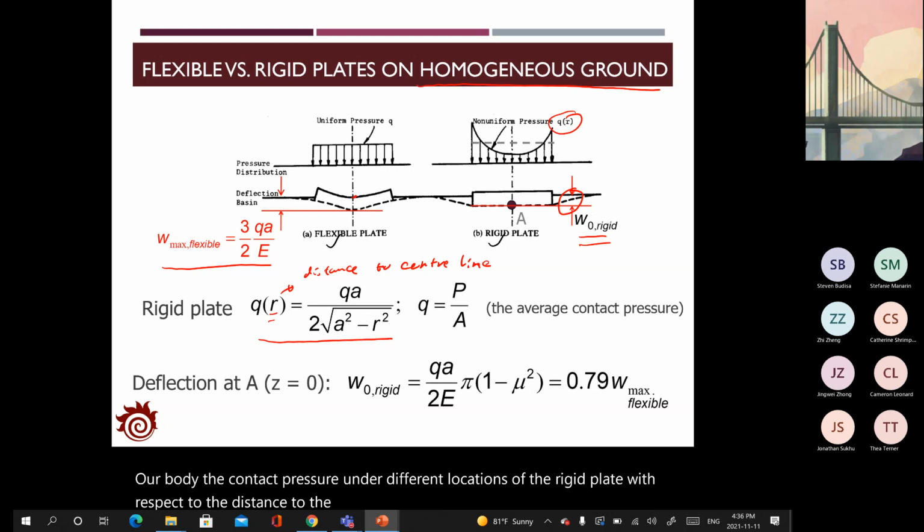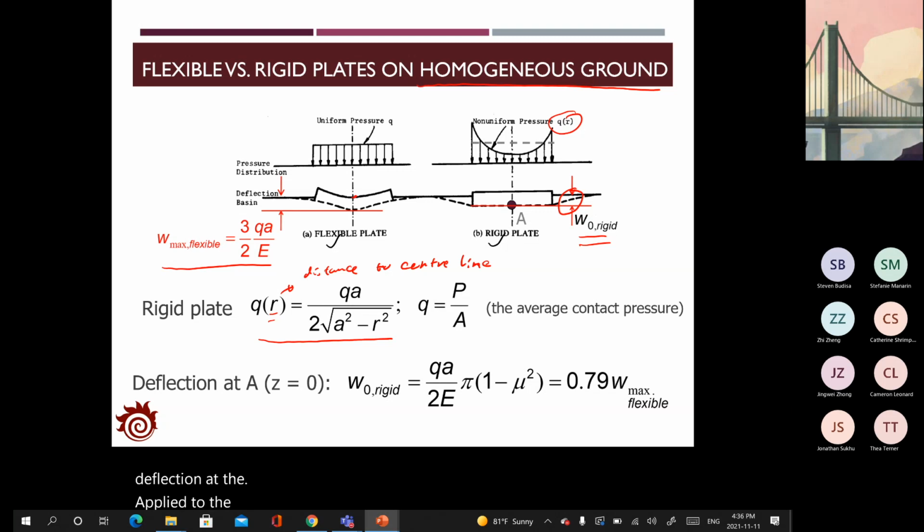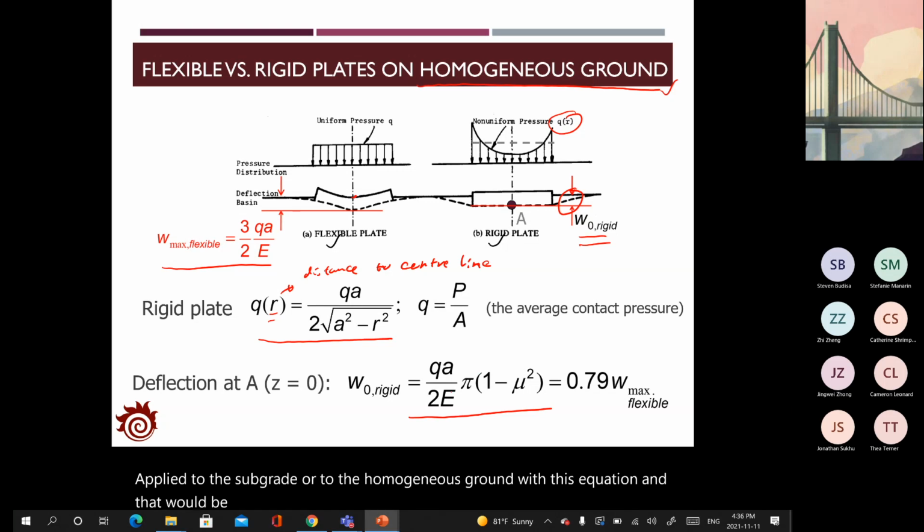Then you can calculate the deflection applied to the subgrade, or to the homogeneous ground, with this equation: Q times A divided by 2E times pi times 1 minus mu square. Mu is the Poisson's ratio.